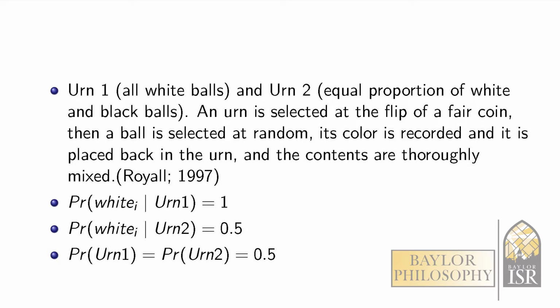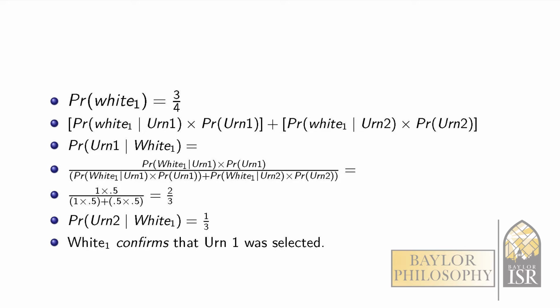Now, then we could ask, what's the probability of getting urn 1 given that you selected a white ball? Now, here we use Bayes' theorem, and I'm not going to talk about that. You do the calculation, and the probability that you're selecting from urn 1, given that you've got a white ball, is 2/3.